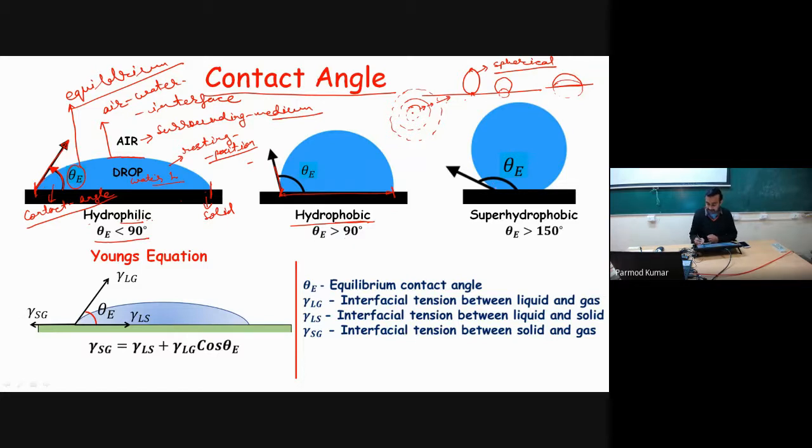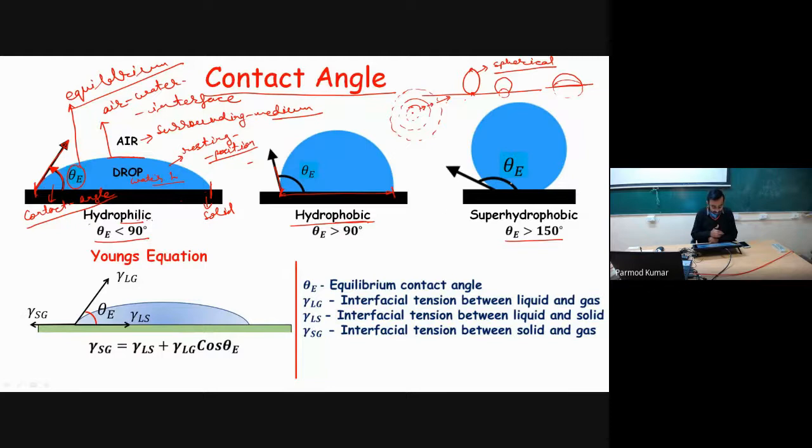And when our contact angle is very high, greater than 150 degrees, we call the surface a super hydrophobic surface. Each type of surface has different characteristics which help in enhancement of heat transfer in different situations.